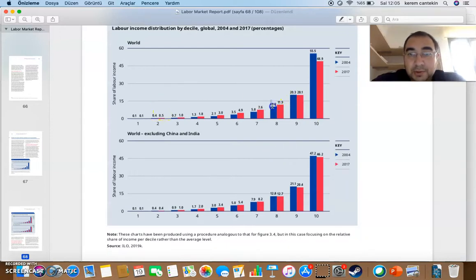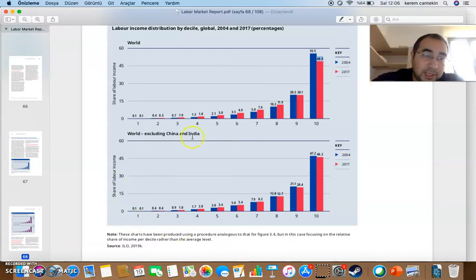The 8th decile was getting a 10% share in 2004, an 11% share. Now the first decile is earning 0.1 share, and the top was earning 55% of the share. It is now earning somewhat less, 48% of the share.